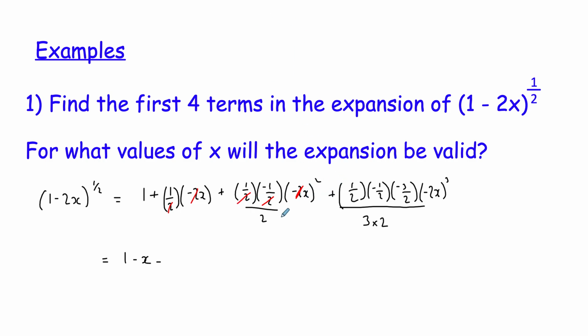So I'm going to have x squared on the top and just a 2 on the bottom. And over here I'm going to have odd, even, odd, so that's going to be negative. That 3 is going to cancel with that 3. I've got 2 cubed here, so that can cancel with all of these 2's here. So that's going to give me x cubed over 2.